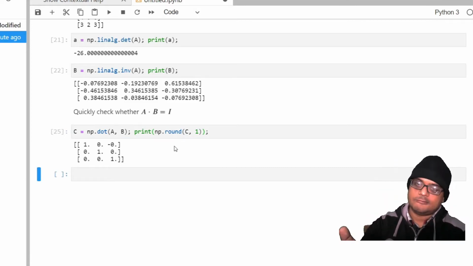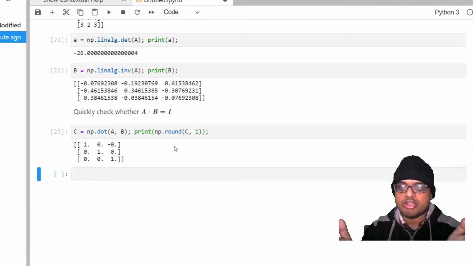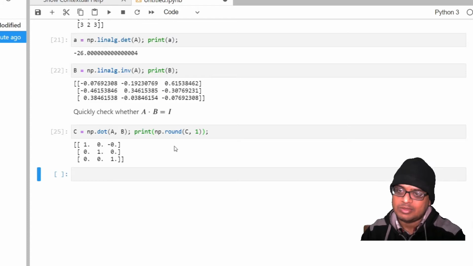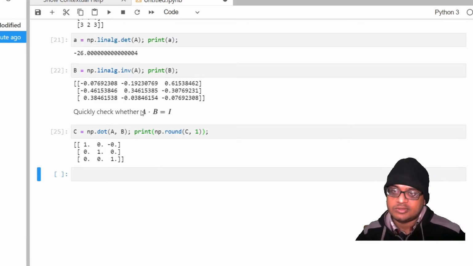So instead of having those very small numbers appearing, we round them off to one decimal place, and they do come out to be 1 1 0 0 0 0. So C is an identity matrix, and this helps us in verifying what we already know. This is quite a trivial task, but nevertheless, it instills a bit of confidence.